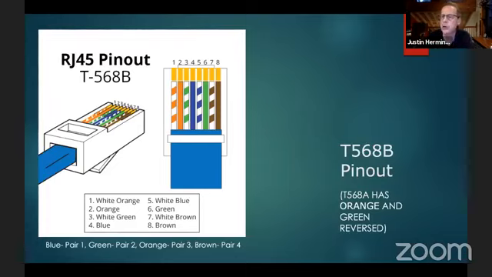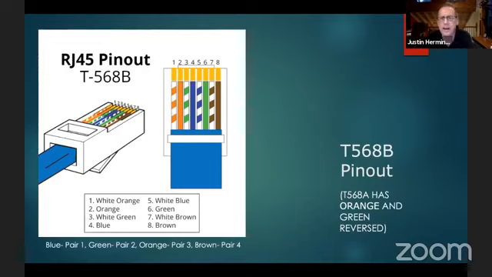So if you're making up your own cables, you can get in a lot of trouble doing that because at least one of your primary pairs you're sending data on just got split and you're going to have interference problems. So it's a real important thing to realize you're not going straight across.